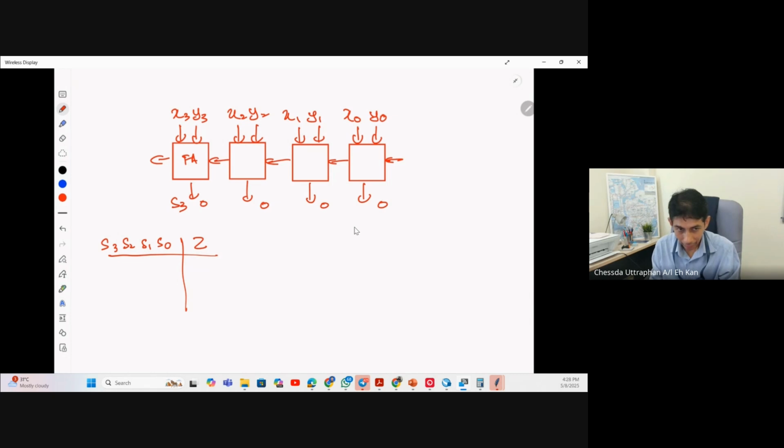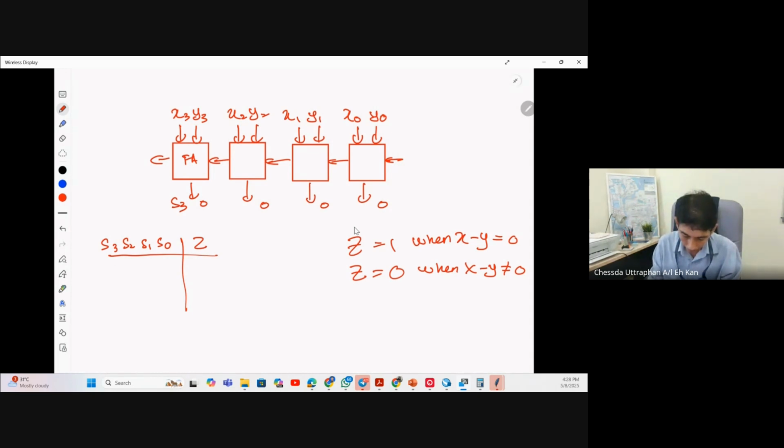Z equal to 1 when A minus B equal to 0, or in this case, it's not AB, x minus y equal to 0. And Z will always be 0 when x minus y is not equal to 0, in other words, S is not equal to 0.